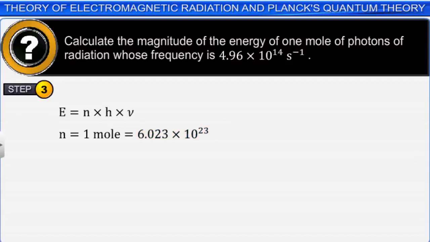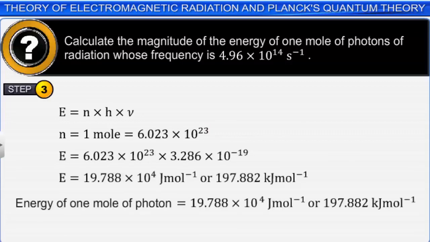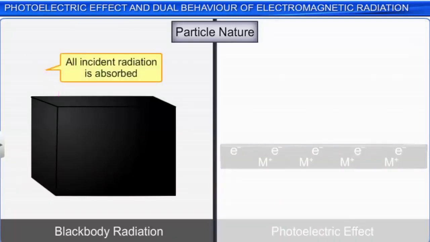On substituting the value of n, h nu, in the equation and solving, we finally get E equals 19.788 multiplied by 10 raised to the power of 4 joule per mole, or 197.882 kilojoule per mole.